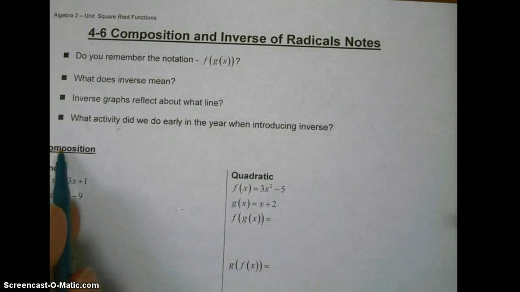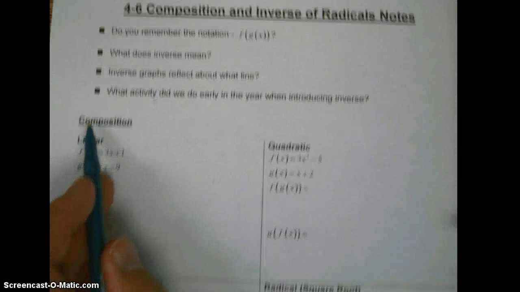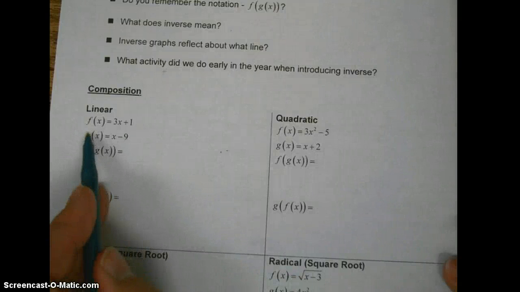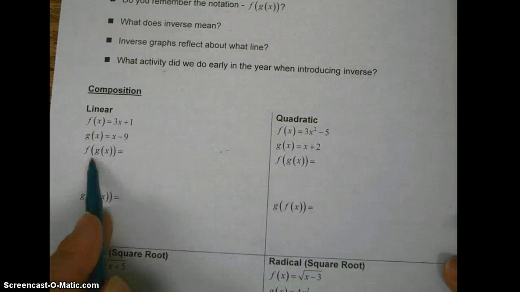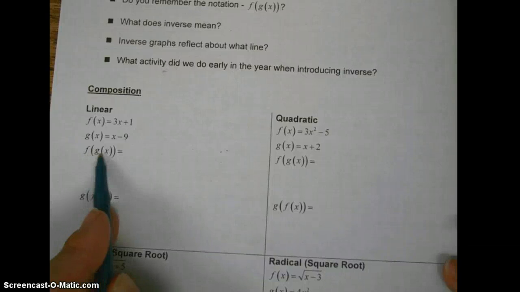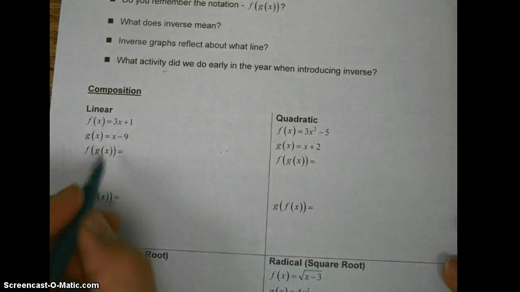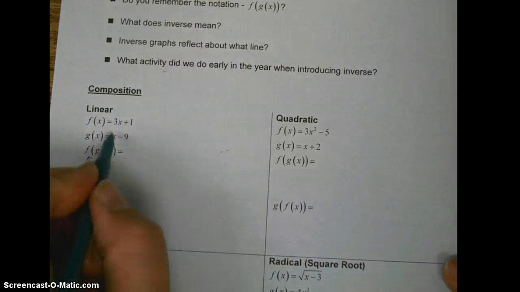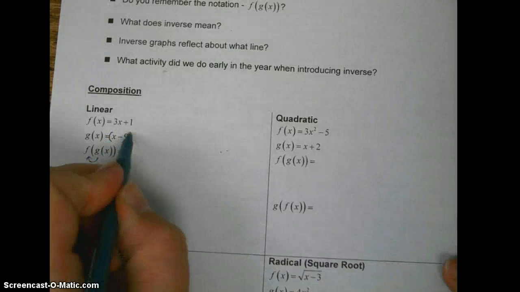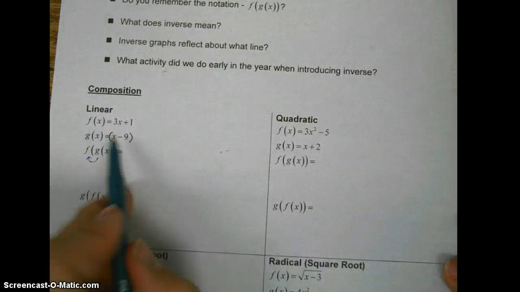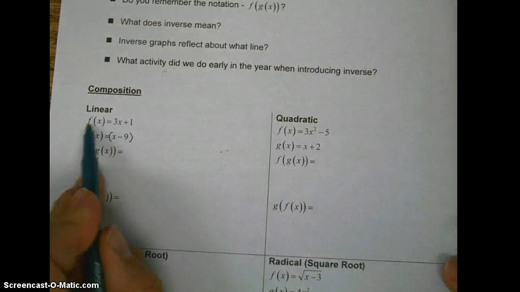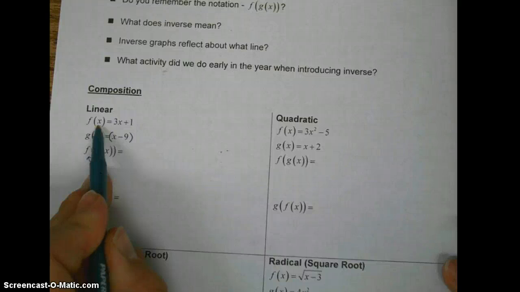Okay, so how do you do a composition? Let's look at this first example. First of all, we are given the two functions f and g, and we are doing f of g of x. So function g is going into function f. So here's function g, and we're going to plug that into function f everywhere you see an x.